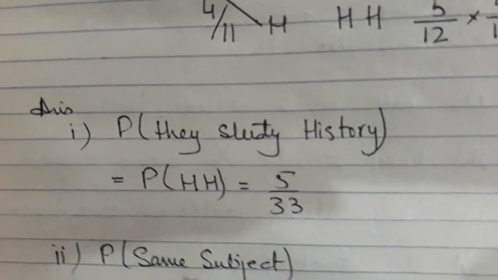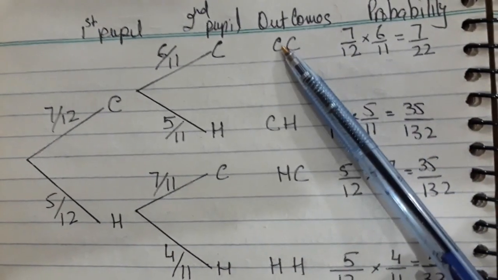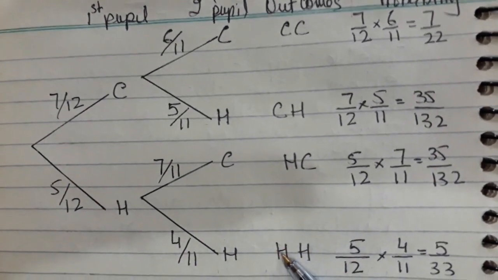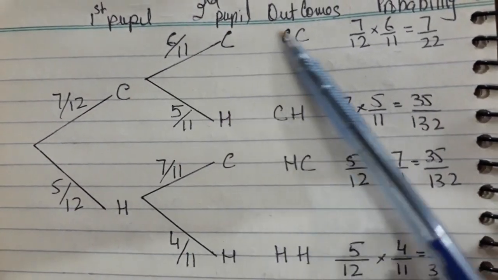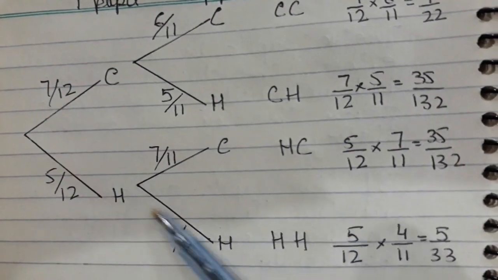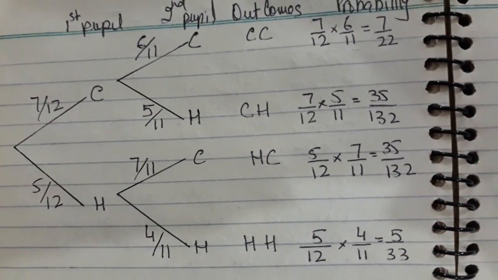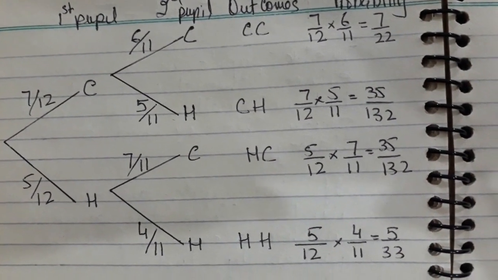Now the next question is, what is the probability that they study the same subject? Same subject could be both chemistry or both history. So you will multiply this answer, which is 7 over 22, and then you will multiply this answer, which is 5 over 33, and you will add up the two answers, right?